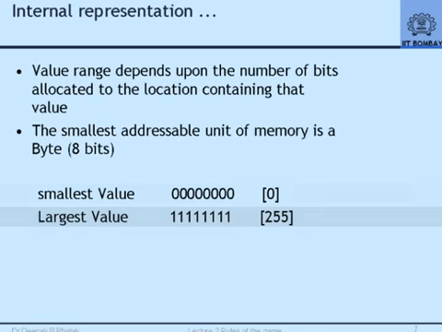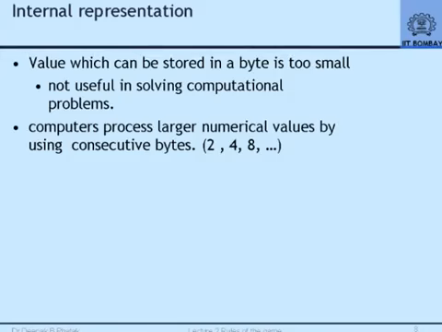In decimal numbers, this value is 0, this value is 255. What it means is I can store 256 distinct values in a byte. The smallest value can be 0, the largest value can be 255.